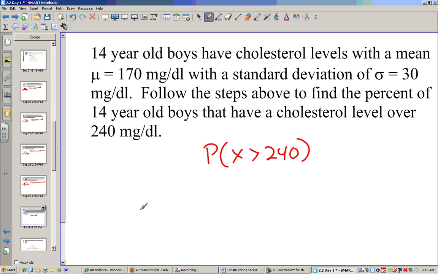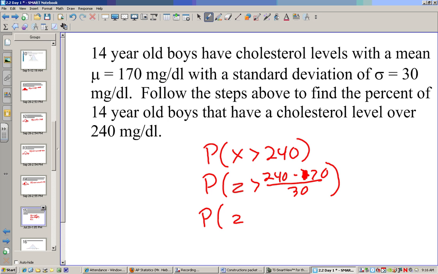Now before we were dealing with z-scores, so we need to turn this into a z-score. So this is the same probability that my z-score is going to be 240 minus 170 all over 30. Remember, you take your x value minus your mean divided by the standard deviation. So that is going to be 70 over 30, which is 7/3.